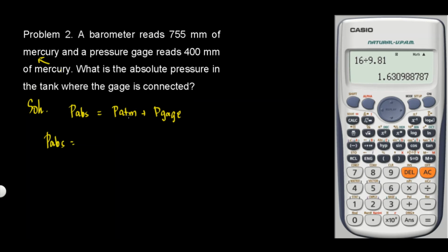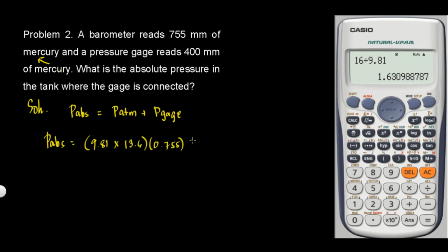So, let's solve the P absolute. Atmospheric pressure or PATM is equal to gamma H lang din naman ito, no? 9.81, this is the unit weight of water, multiply by the specific gravity of mercury, 13.6, times height. Ano ba yung height dito sa barometric natin? Barometric reading is 755 millimeter or 0.755.